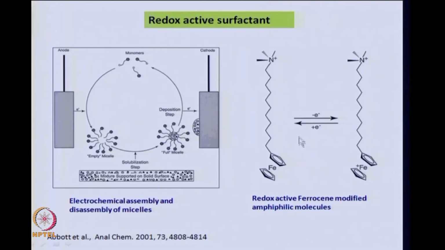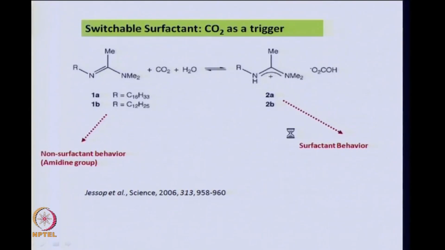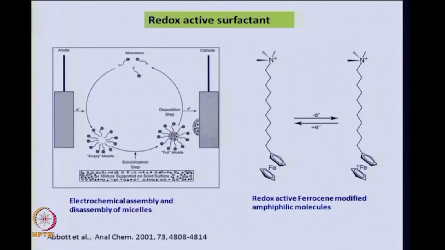You can do a similar thing in molecules which contain, say, ferrocene. So, ferrocene is this iron with 2 cyclopentadienyl groups, and the other side is a chain with some trialkylamine, and this is a hydrophobic chain. Now, if you take out an electron, then you can change this ferrocene to ferrocenium ion.